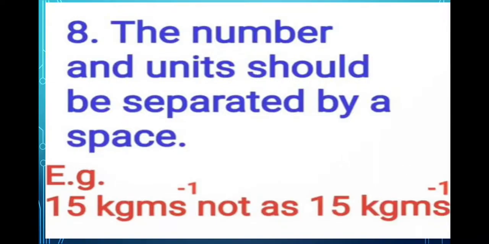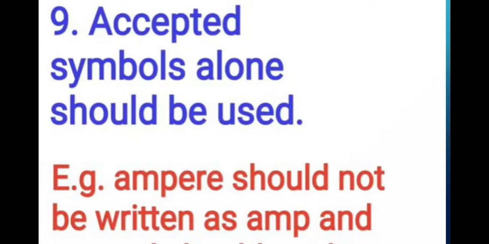The number and units should be separated by a space. 50 kilogram meter second to the power minus 1, not just kilogram meter second to the power minus 1. Accepted symbols alone should be used. Ampere should not be written as amp and second should not be written as SEC.